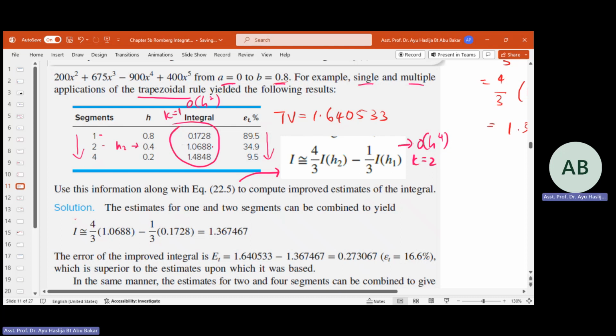IH2, so this one, more accurate, minus less accurate, this one. Combining these two, you will get I 1,2. So 4/3 multiplied by this value minus the less accurate value. So you will get this.